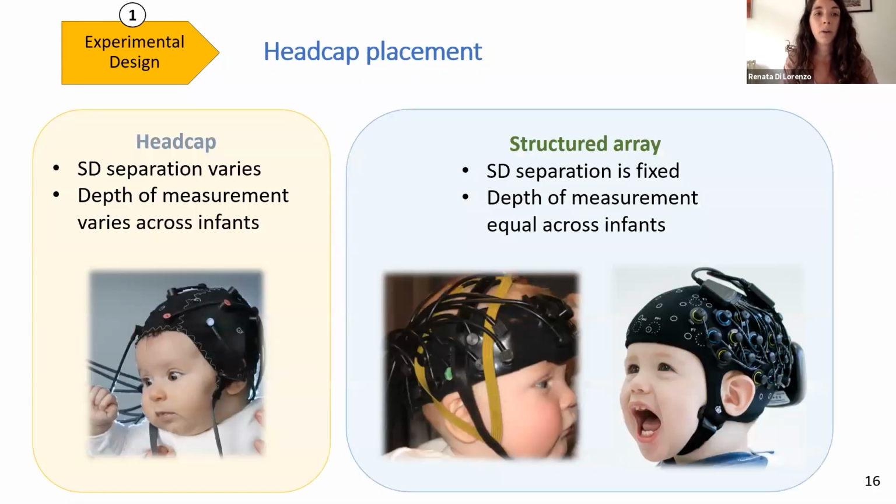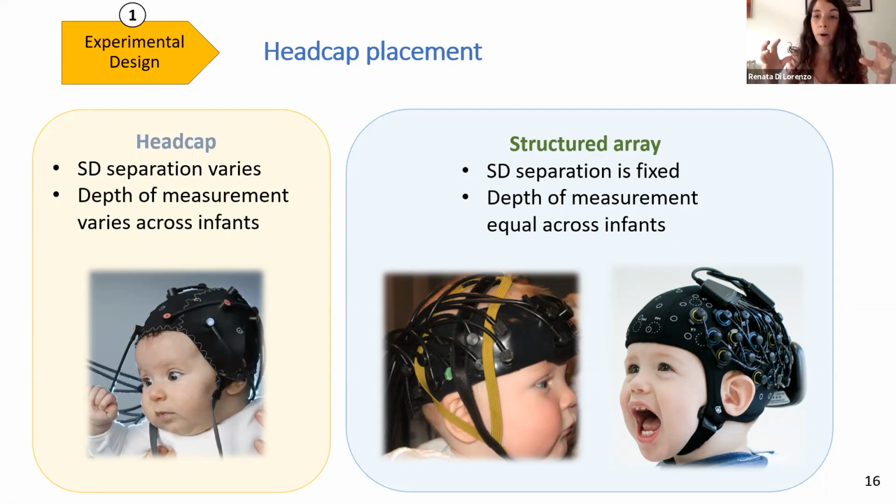Another question that you should ask yourself is, where do I put the head cap? Where is my ROI? But also, which head cap am I using? There are different head caps. For instance, in the first yellow figure here, you see that the SD separation varies. The SD is the source detector separation, or sometimes also called transmitter and receiver.